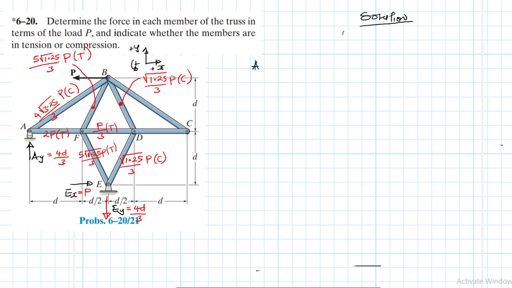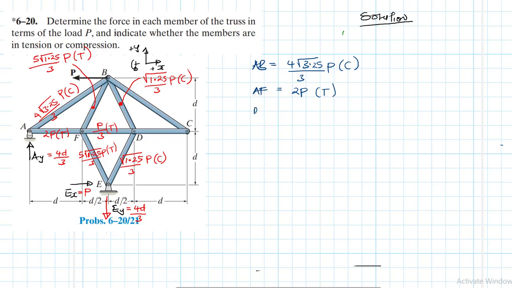So we have member AB is equal to 4 root of 2.25 divided by 3P, and is in compression. And then member AF is going to be equal to 2P, and this one is in tension.